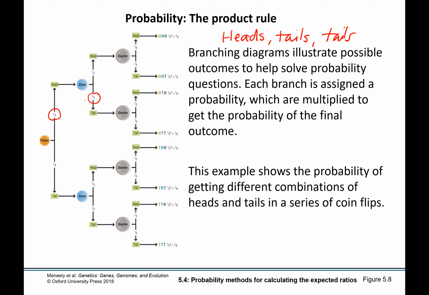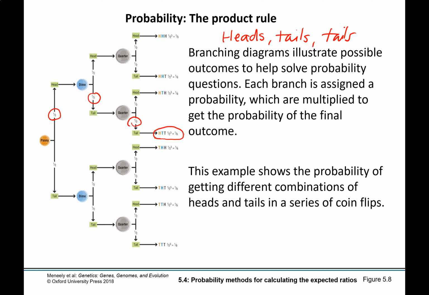And the probability of flipping a quarter on tails is 1/2. We can multiply all three of those together because we are doing heads and tails and tails. So we multiply those all together, we get an outcome of 1/8. So the chance of getting heads, tails, tails is 1/8.